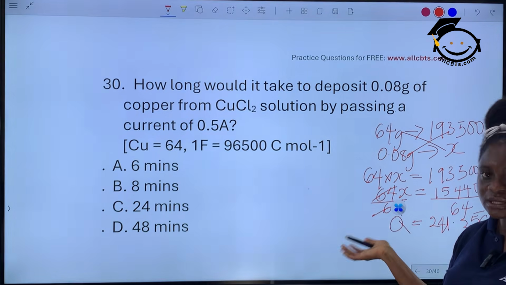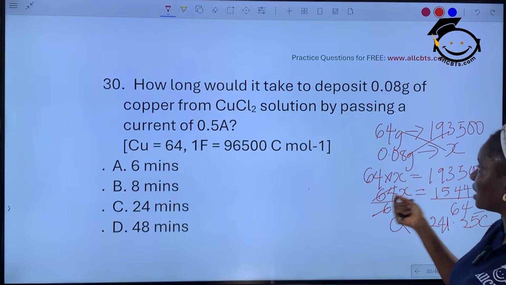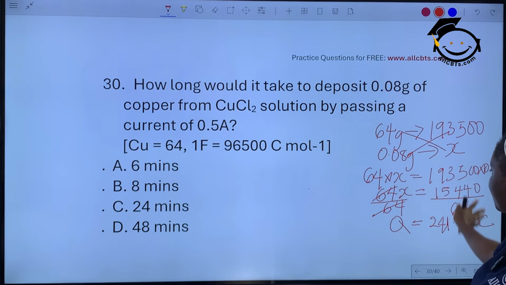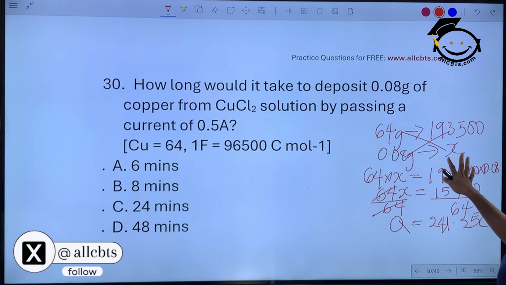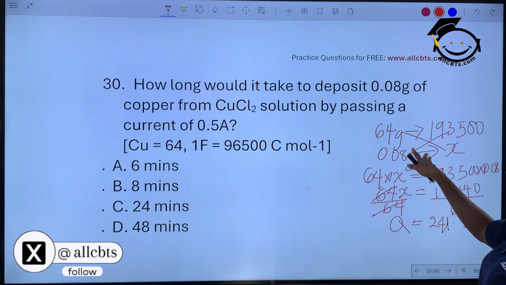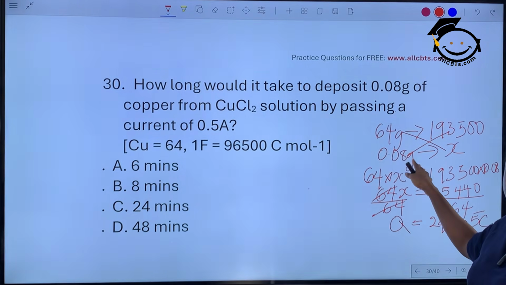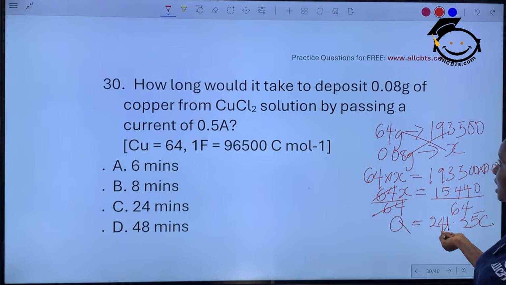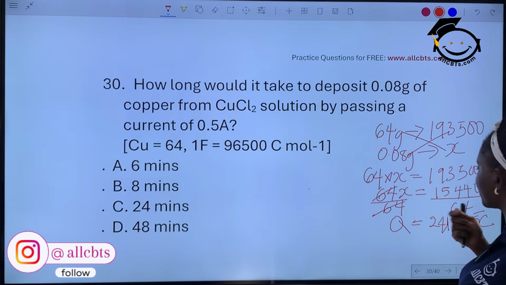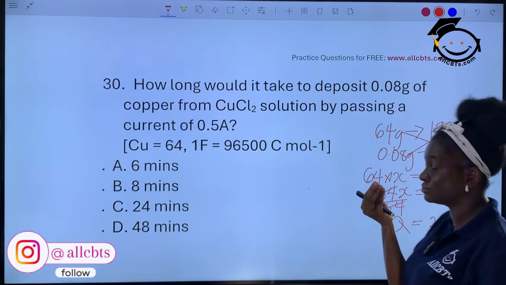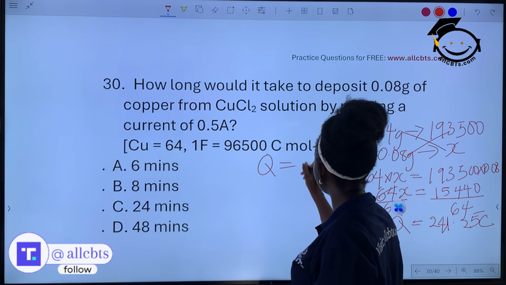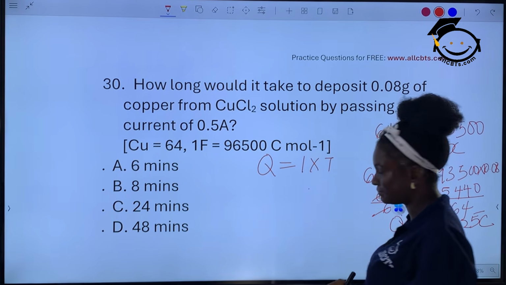But we are not stopping here. We have to calculate the time that it will take to deposit. You already know the charge that 0.08 will give. But how long will it take to deposit this? So from the equation, we have Q is equal to current times time.